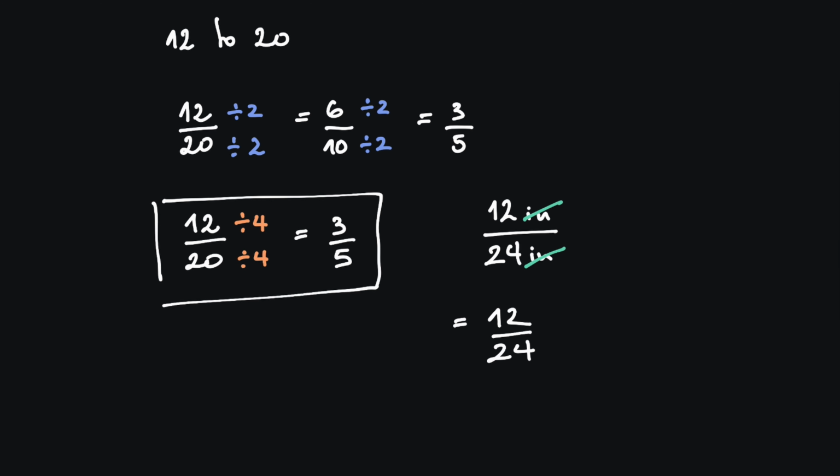We can simplify both by 12. 12 divided by 12 is 1, and 24 divided by 12 is 2. So the ratio of 12 inches to 24 inches is 1 to 2. Basically, we will have 1 inch for every 2 inches. That is basically the idea.